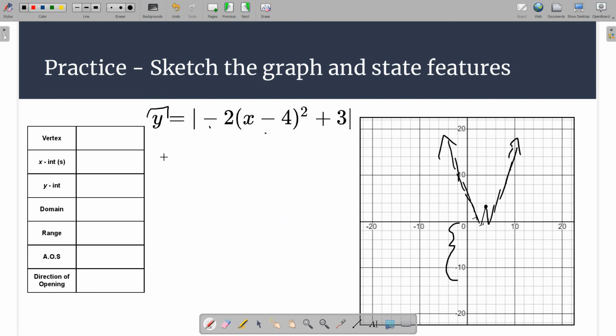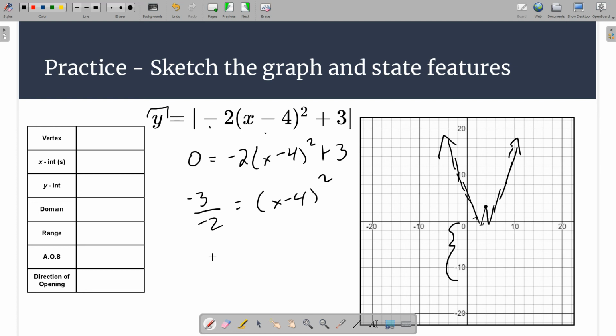So if I do want to find what my x-intercepts are, I just make y equal to 0. So I'd say 0 is equal to -2 times (x minus 4) squared plus 3. Minus 3 from both sides, divide by -2 gives me (x minus 4) squared equals 3 over 2.